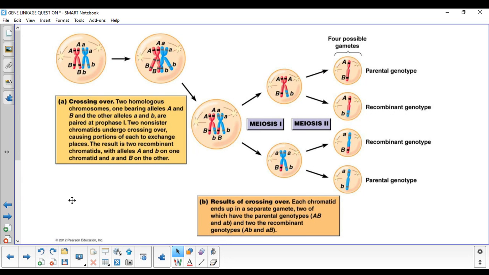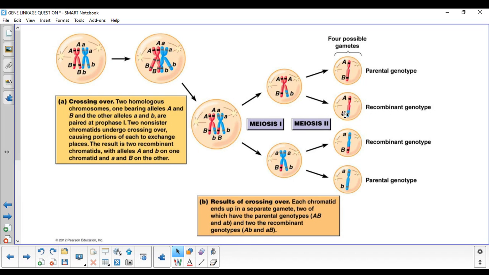However, if these genes are located on the same chromosome, then the dominant alleles and the recessive alleles will always be together, and there is no way to have a gamete that has little a and big B, or big A and little b, unless crossing over happens.